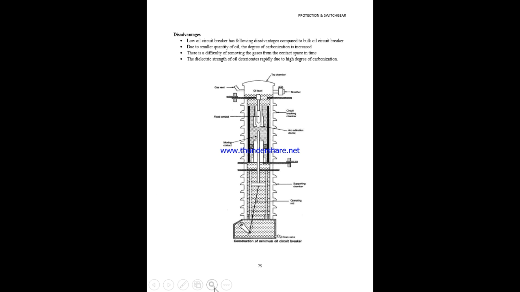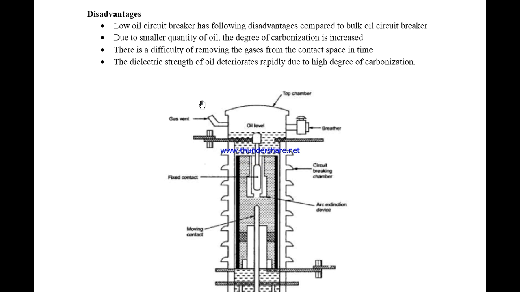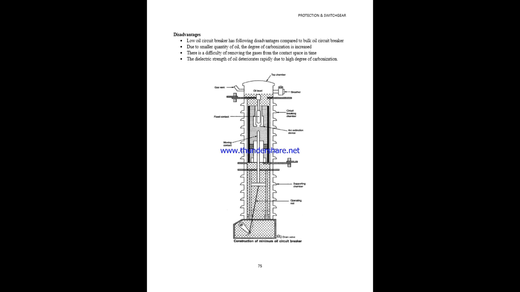But it also has certain disadvantages, because the oil content will be polluted and it has to be maintained frequently, and the degree of carbonization will be higher. Difficulty of removing the gases from the container is a hectic task, which involves more money for the maintenance, etc.